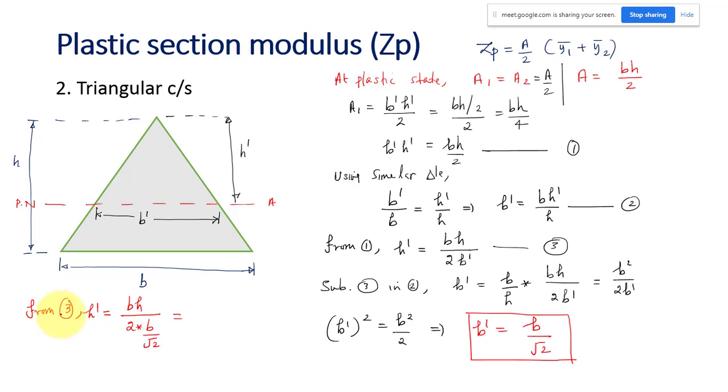That will give h dash equal to h by root 2. So now I got b dash equal to b by root 2 and h dash equal to h by root 2, so that my a1 and a2 will be equal. Now we can easily find out y1 bar and y2 bar.